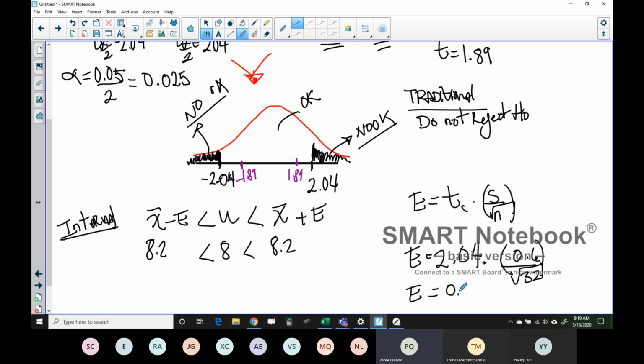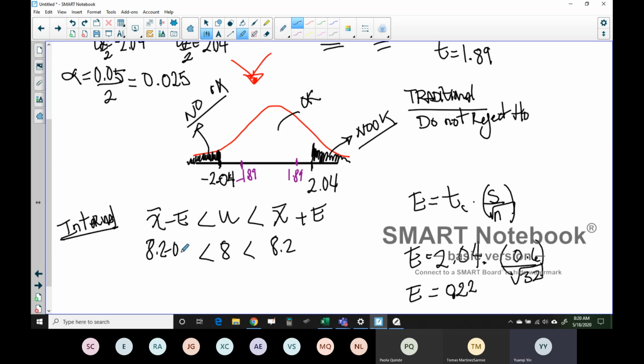I'm going to do it for you. 0.6 divided by the square root of 32, that number times 2.04 gives me, abbreviated to 2 decimals, 0.22.